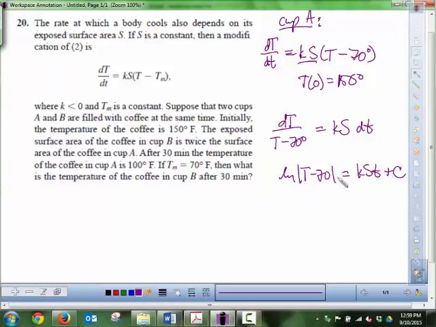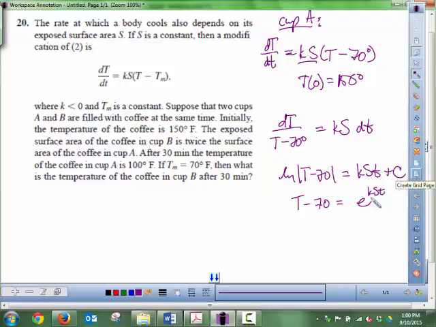So let's take the exponential, the e of both sides. T minus 70 is equal to e to the Kst plus c, and so that's e to the c, which we can take out as a constant.